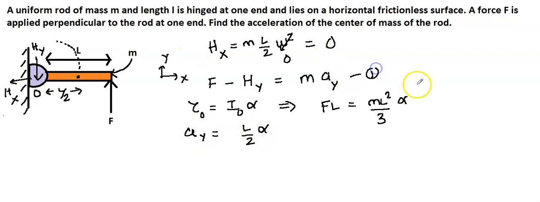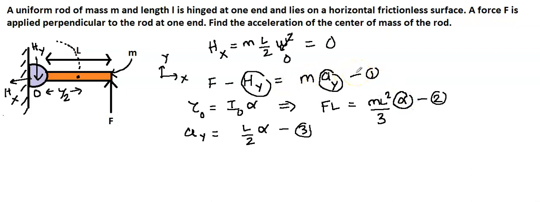So we have equations 1, 2, 3. The unknowns are Hy, that's one unknown, ay is another unknown, and alpha is an unknown. So we have 3 equations and 3 unknowns, so we can solve this. Okay, so F minus Hy equals m times L by 2 into alpha.